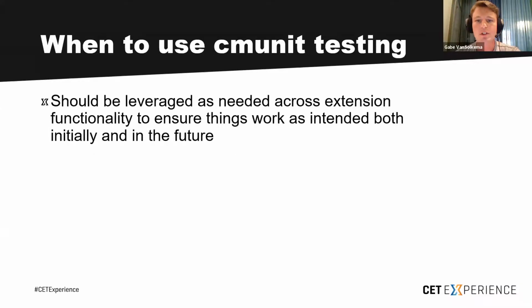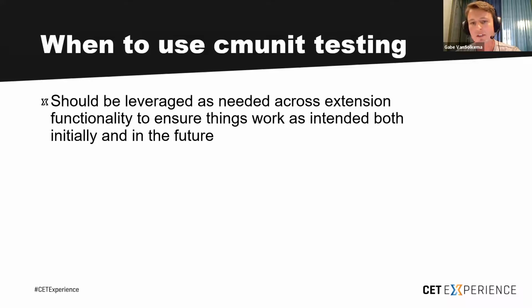So when should you be using CMUnit testing? It should be leveraged as needed. I should have put that in bold, as needed, across functionality to ensure that things work as intended, both initially as you write them and in the future. And when I say as needed, from a philosophical perspective, when should you be using unit testing?